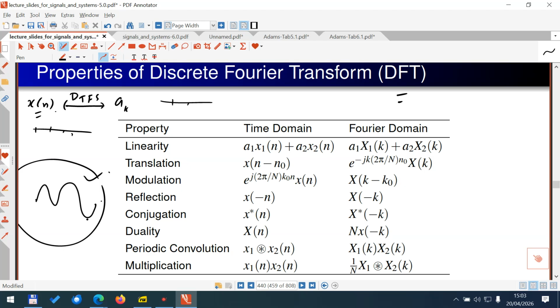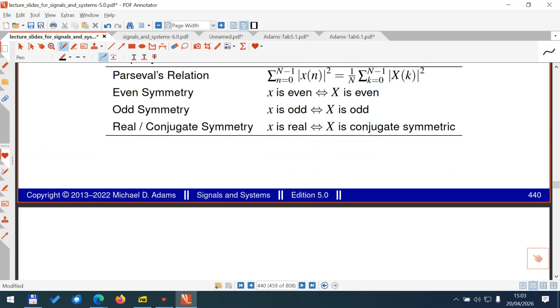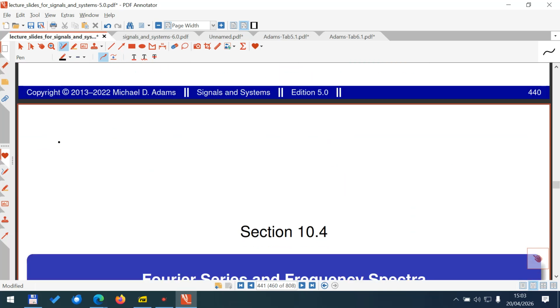How? Let's say I have an aperiodic signal, right? A discrete time aperiodic signal. Let's say I'm plotting it, and let's say it's zero everywhere else. So what will I do? Instead of saying that it is zero, I'll make it undefined there. I will say, okay, this is my new signal, and I'm making it undefined everywhere where it was zero.